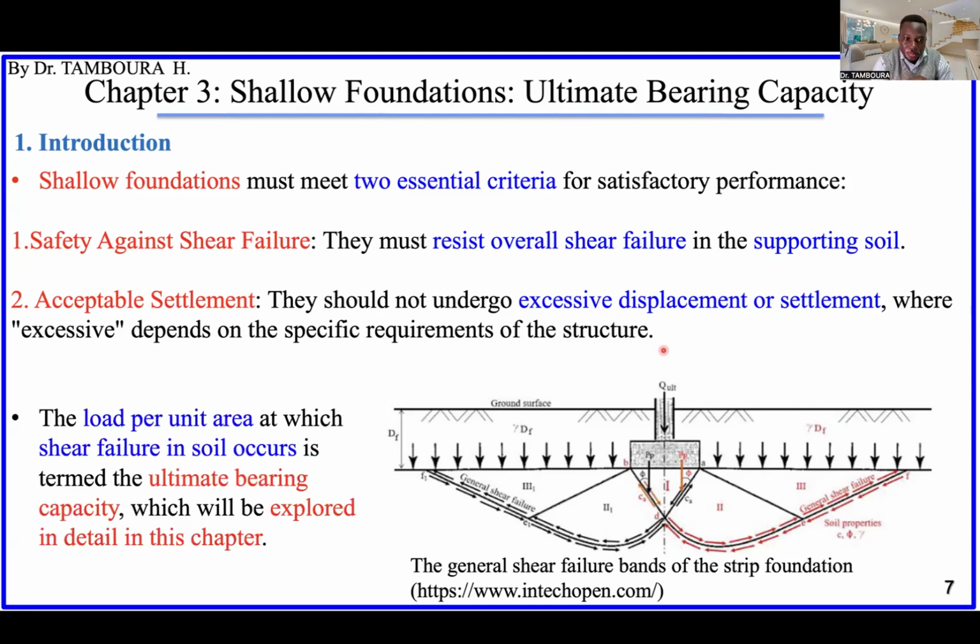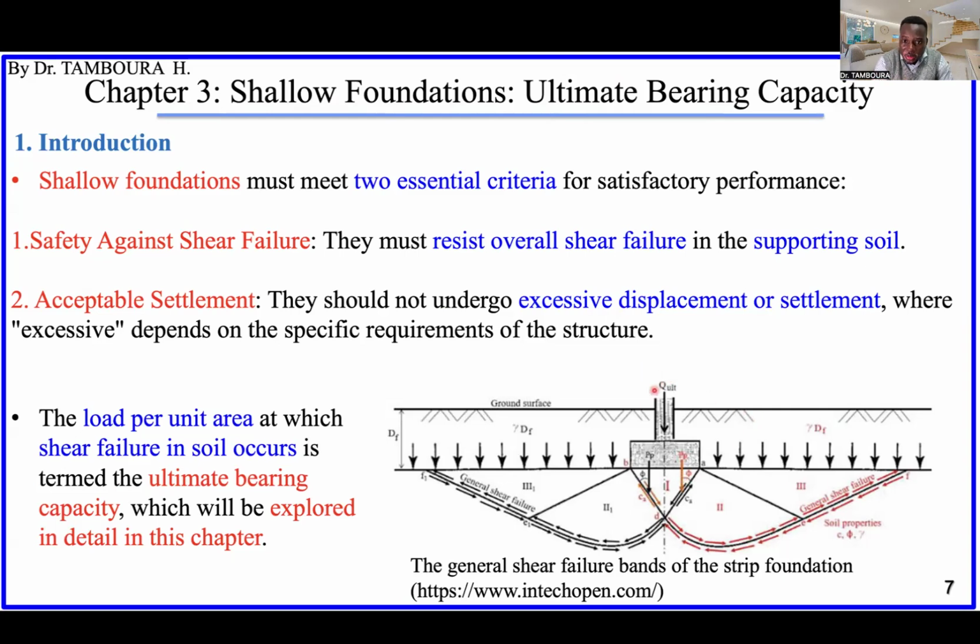Now, regarding the load per unit area, some people don't make a difference here. You can see here capital Q. This is a force, but what we want most here is load per unit area. It means pressure, not force.